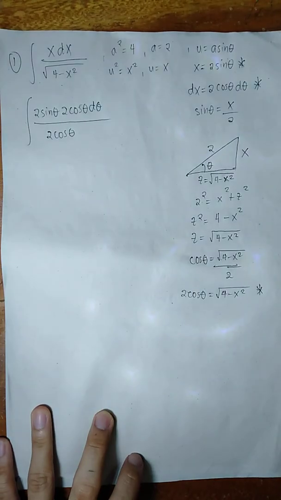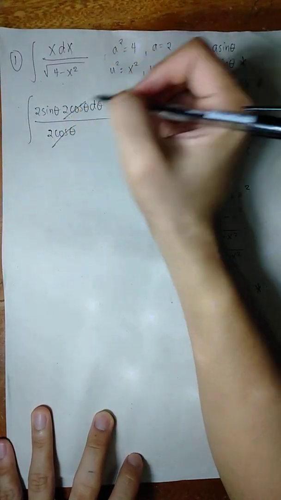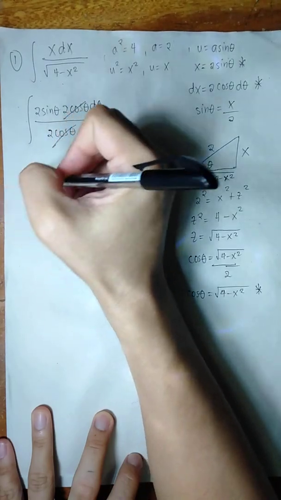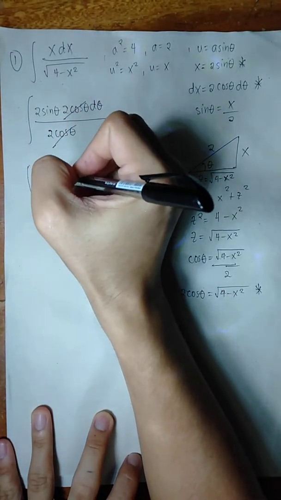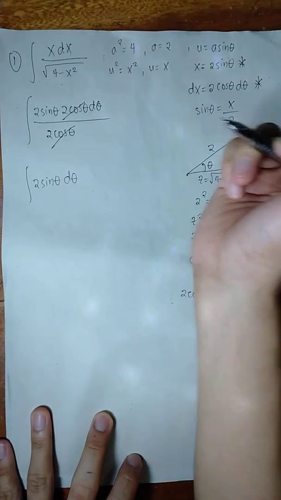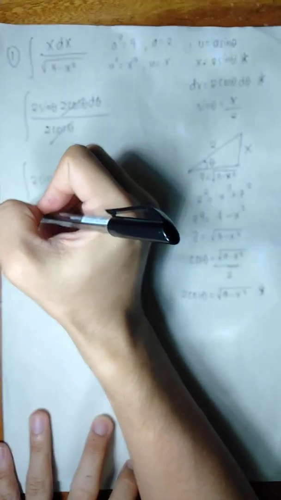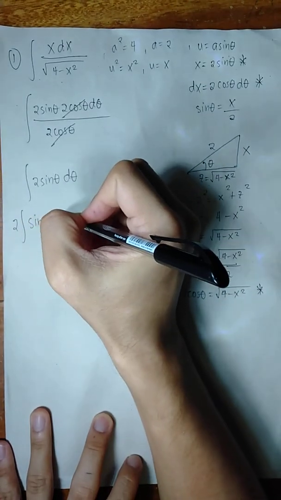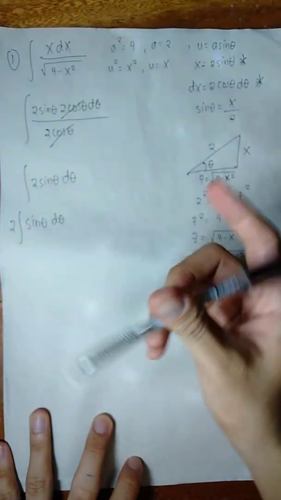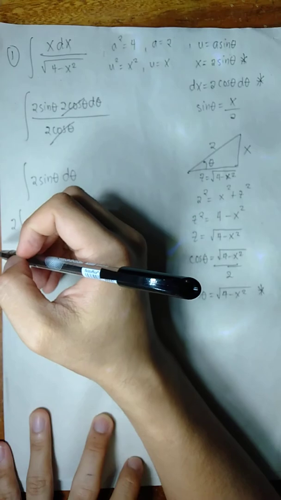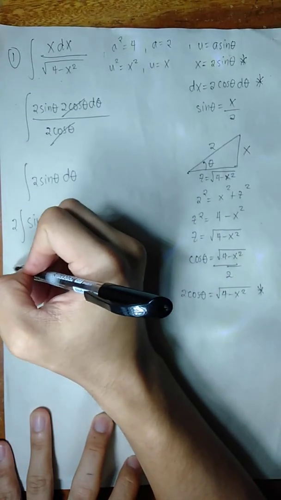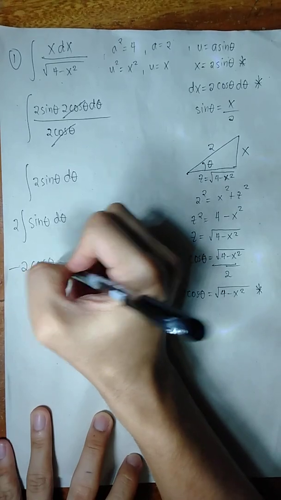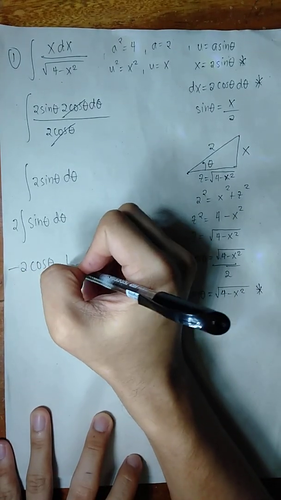And as we can notice, this will cancel out. So what remains is the integral of 2 sine theta d theta. We can factor out 2, so the integral of sine theta d theta. Then of course, the integral of sine is negative cosine. So negative 2 cosine theta plus c.